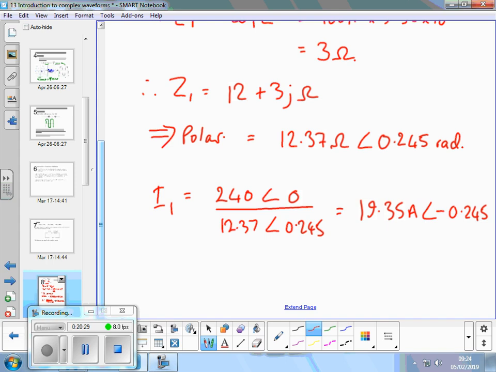I can't fit it on. You don't have to put rad on. If you leave degrees off, radians are presumed. If you've got room, put rad to make sure you're confirming you know what you're doing, but I ain't got room there, so I'll leave it off.